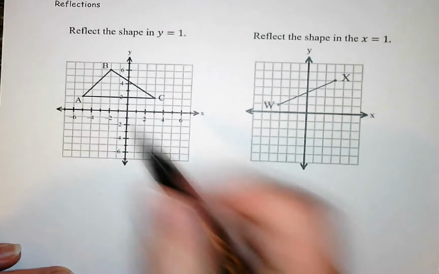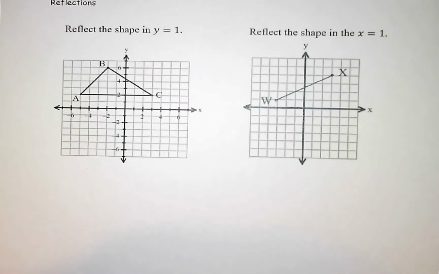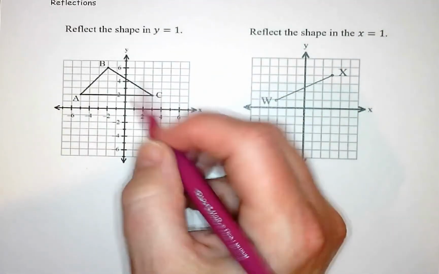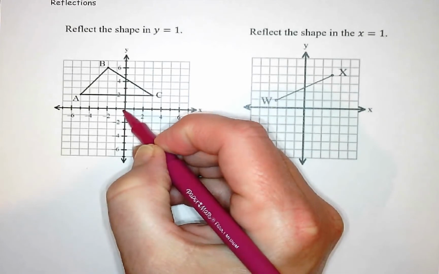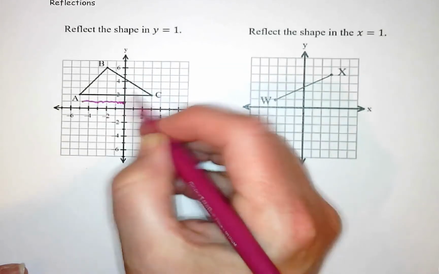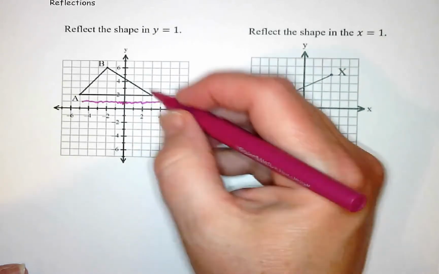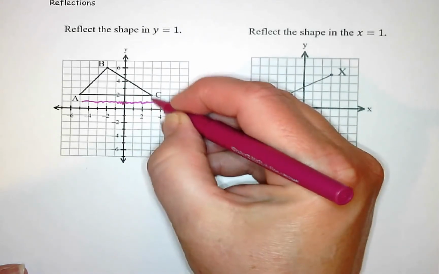This one says reflect the shape in y equals 1. The first thing you have to do is find out where y equals 1 is. Start here at the origin. Here's my y, so I'm going to count up to 1 and then go the other way. That's my line of reflection. Then I would count to that line, 1, 1.